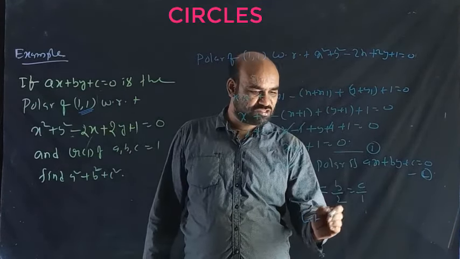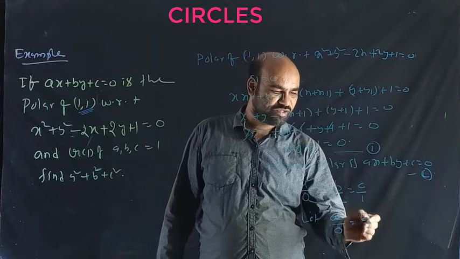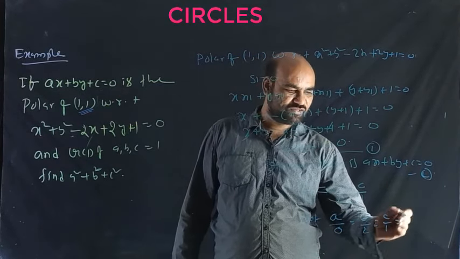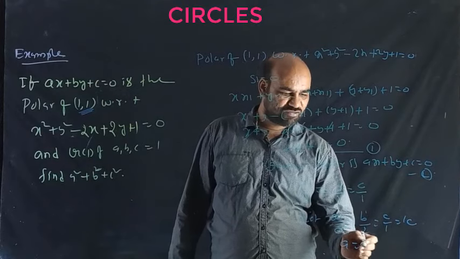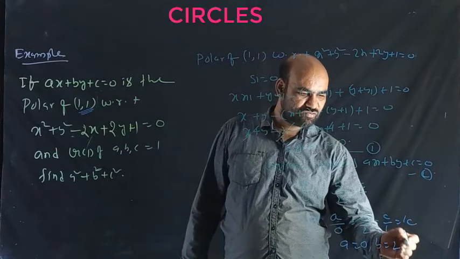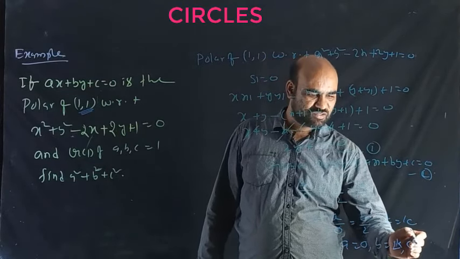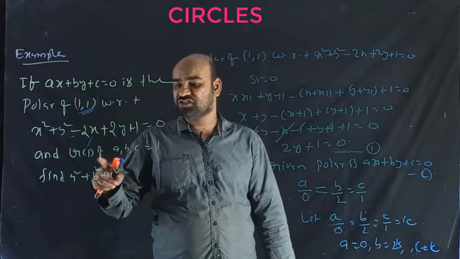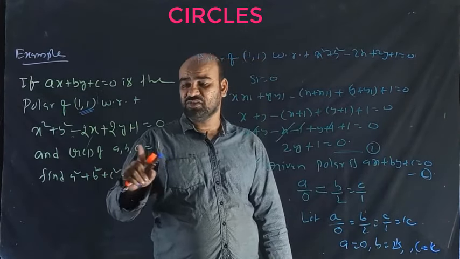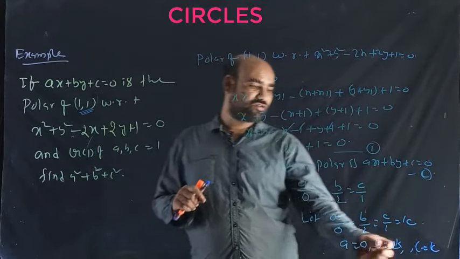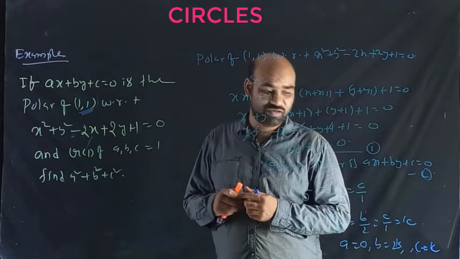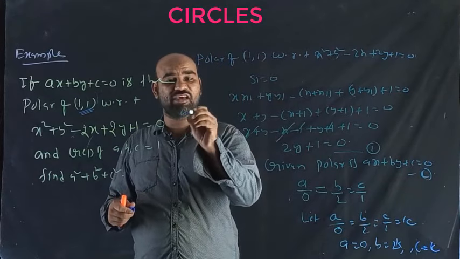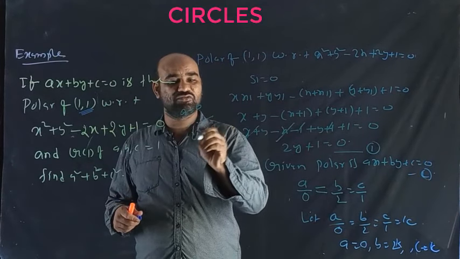Then a equals 0, b equals 2k, c equals k. What is given here? The GCD of a, b, c is 1, so b and c are also co-primes. Here 2k and k means k should be 1. So now I can take the values a as 0, b as 2, c equal to 1.